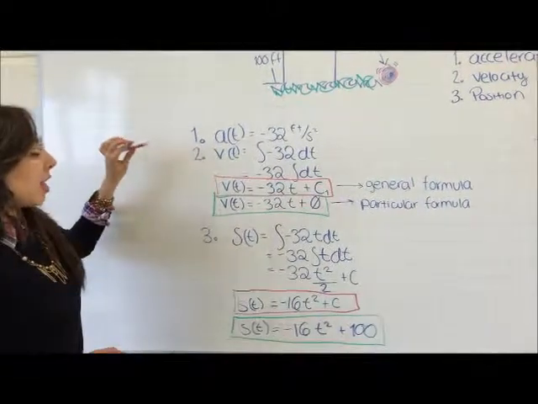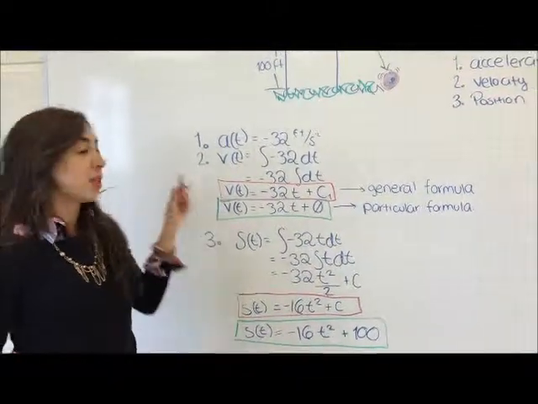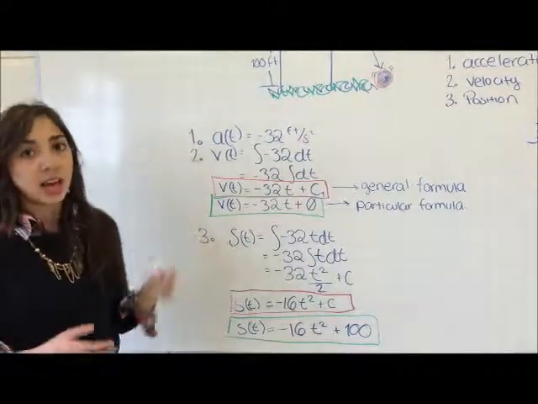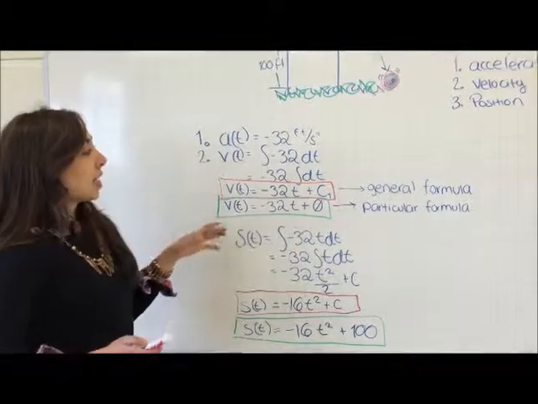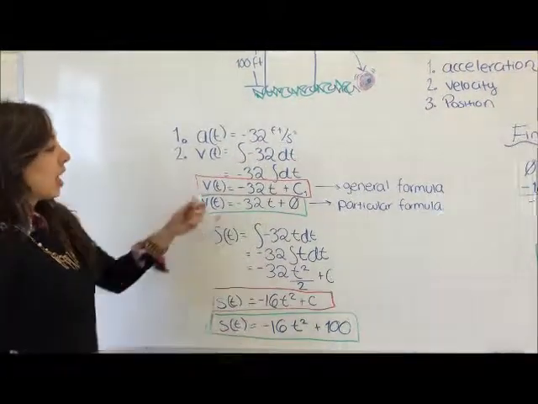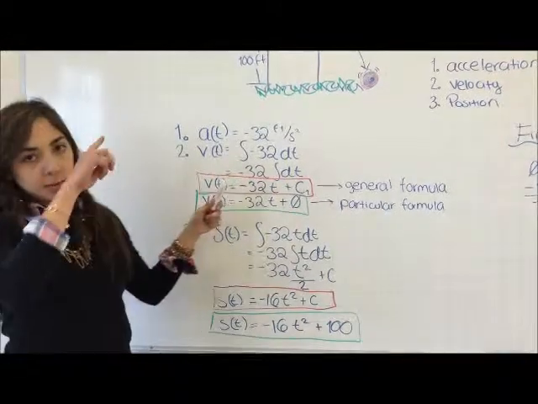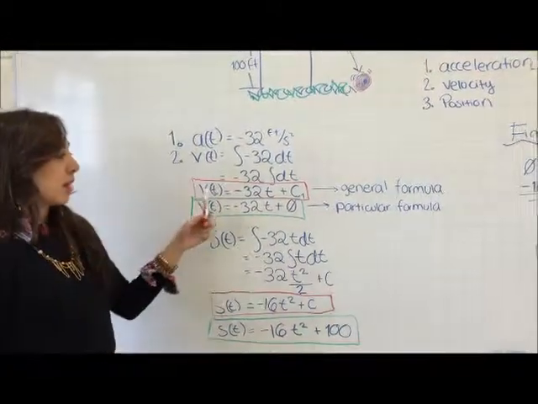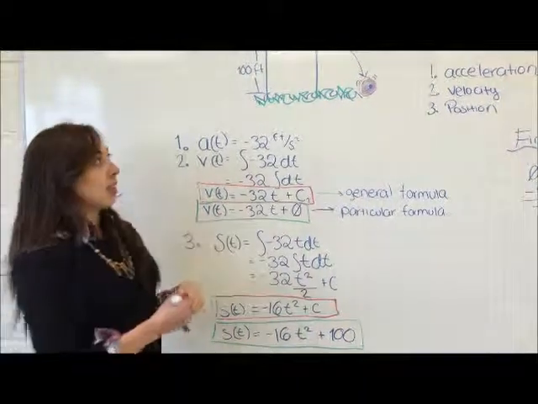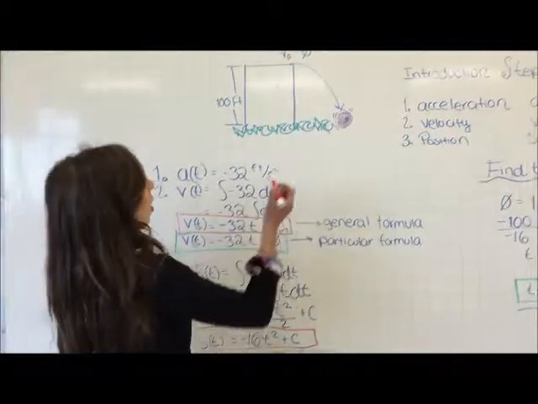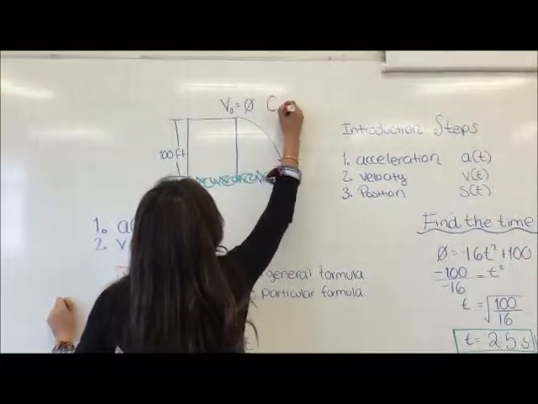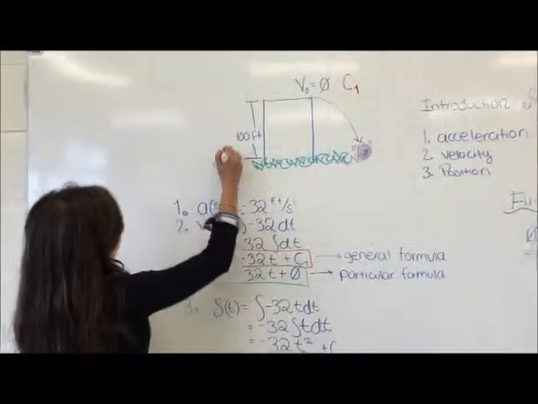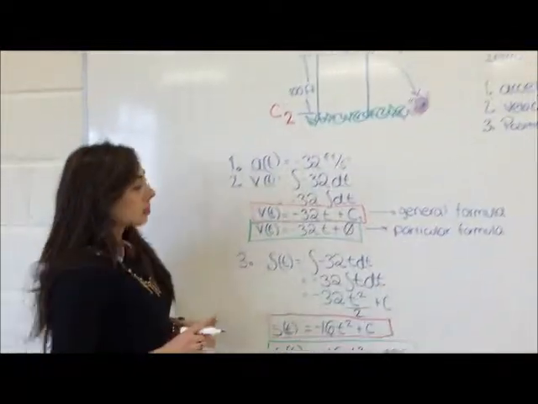So we apply an antiderivative to obtain the velocity. It's our step 2. And the antiderivative is the integral of minus 32 dt. Then velocity is minus 32t plus C1. Always our velocity is going to be C1 and our position is going to be C2.